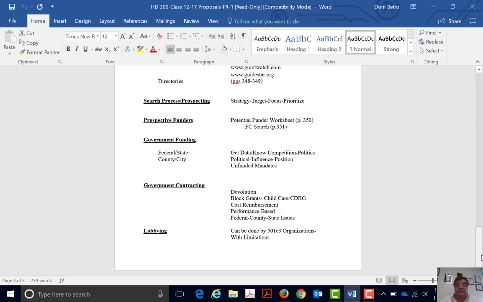Your chapter also talks about lobbying, because that plays a role, as I've been saying, in trying to get these types of government-funded resources. A lot of people think, well, you're not supposed to do that. You can do that. I am not going to present a whole PowerPoint presentation that I do on this, but essentially there are some limitations. You can only spend so much of your budget, but you are allowed to lobby.